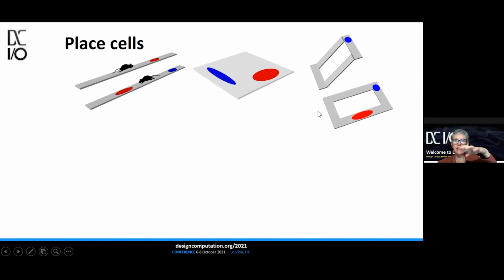But actually, what has been reported is that the place fields either follow the track when it's elevated into the third dimension, or they remap, they do something entirely different. So some do one, some do the other. And it seems like the rat is trying to encode both things at once. It's encoding both the similarity in the two situations, but also the difference.